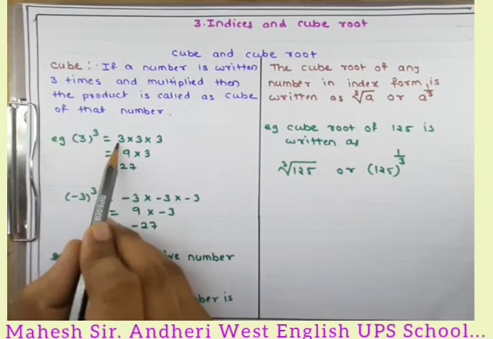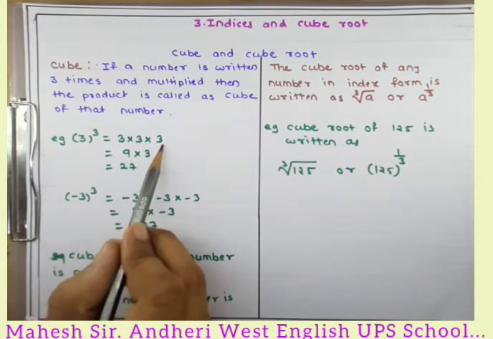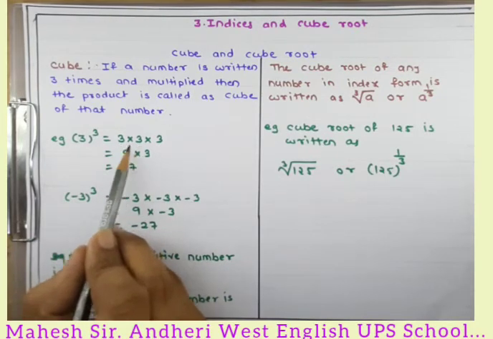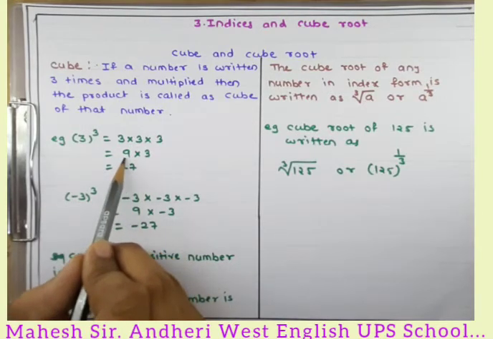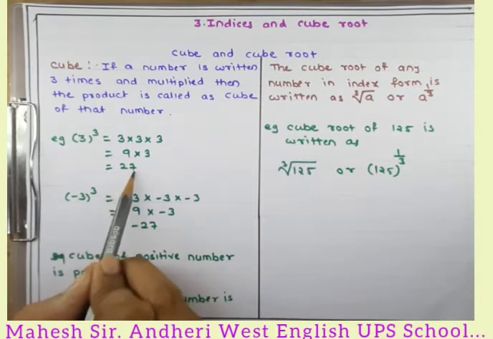That means we will write 3 three times. So 3 multiplied by 3 multiplied by 3. First we will do this multiplication. 3 threes are 9, and 3 as it is. Next, 9 into 3. 9 threes are 27. So I will write 27.